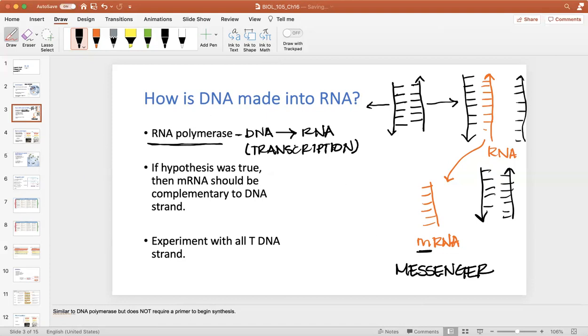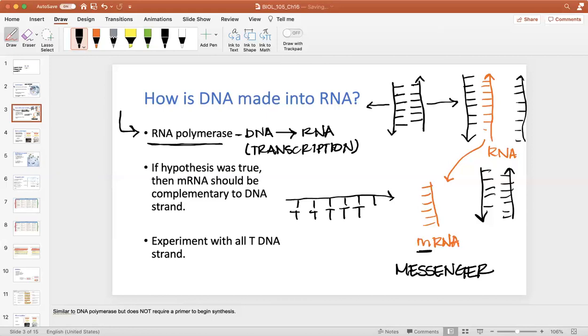DNA. And so what researchers did early on to confirm this hypothesis was they isolated RNA polymerase and they made some fake strands of DNA that were composed of nothing but T's. So they were able to synthesize a strand of DNA that was just T's.